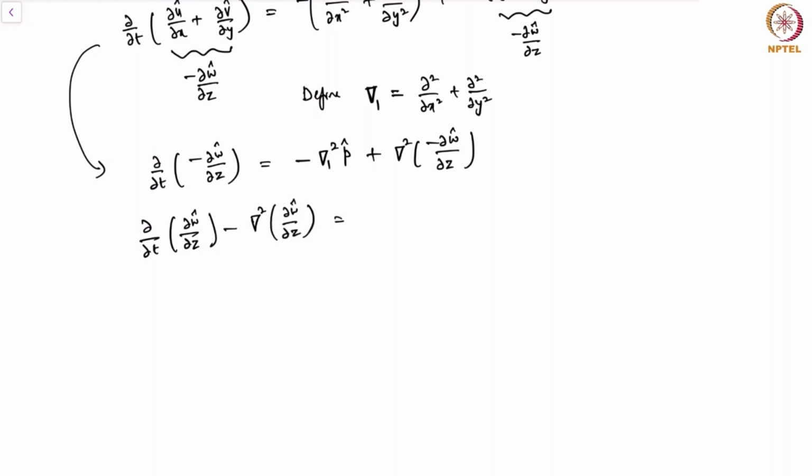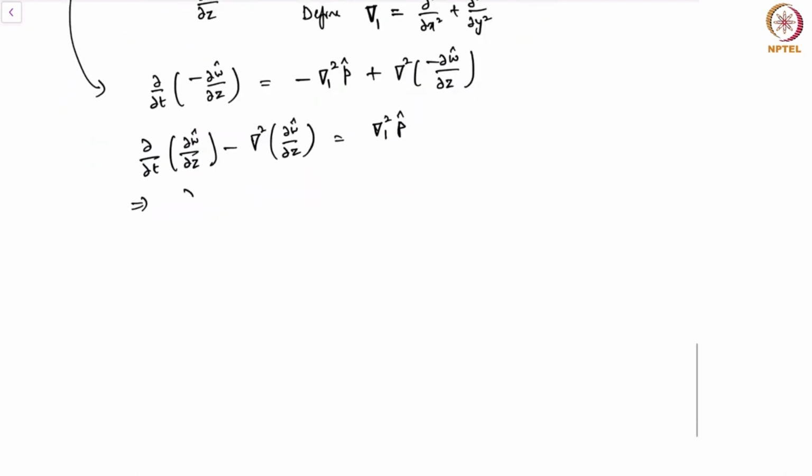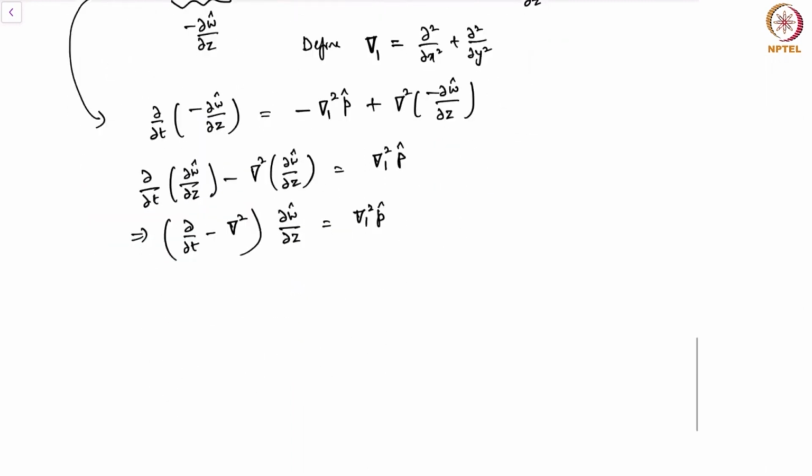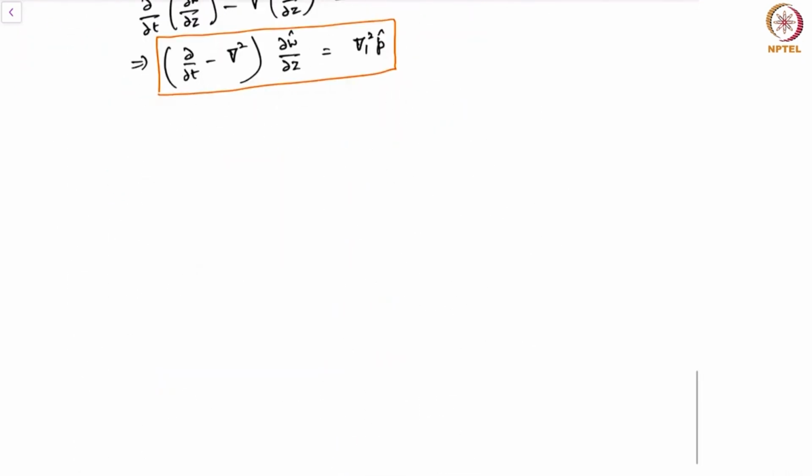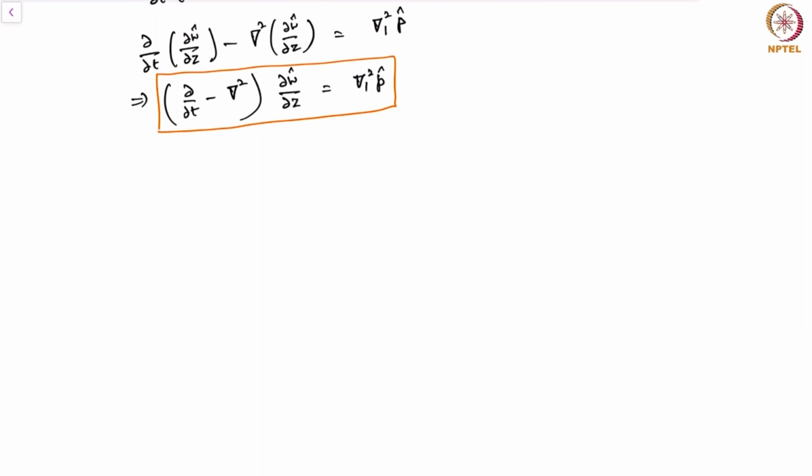I take the pressure to the left hand side, I have del 1 square of p hat, and this is nothing but del by del t minus del square, this is an operator, of del w hat by del z. This becomes del 1 square of p hat. This is the new equation that we have got, and we can label this equation as equation number 10.